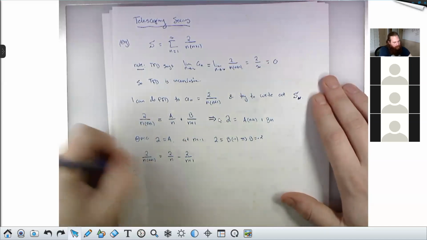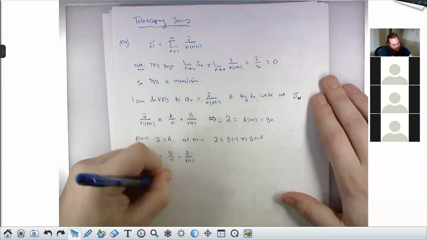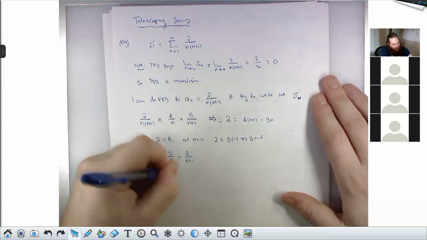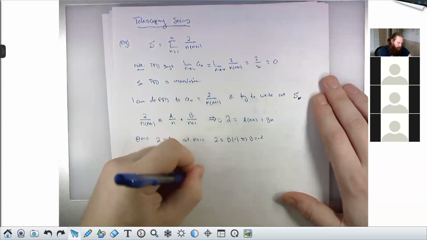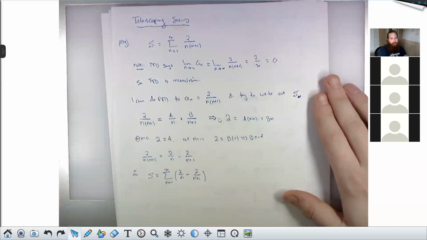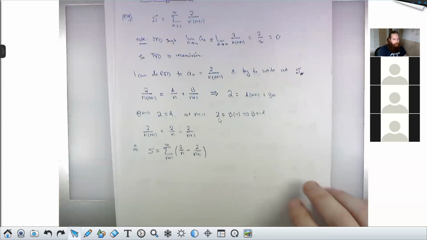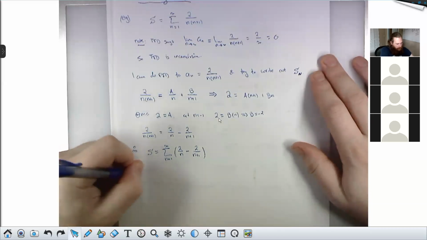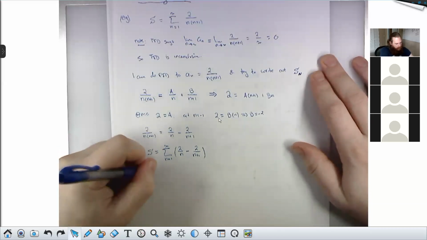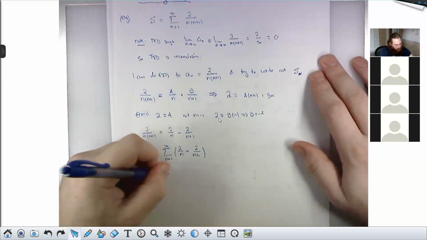which means my series could be rewritten as the sum of 2 over n minus 2 over n plus 1, like this. So now I start writing out the partial sums. S1 is 2 over 1 minus 2 over 2.